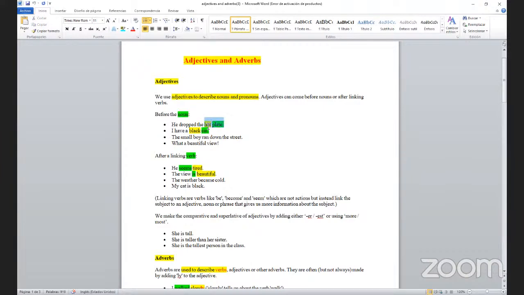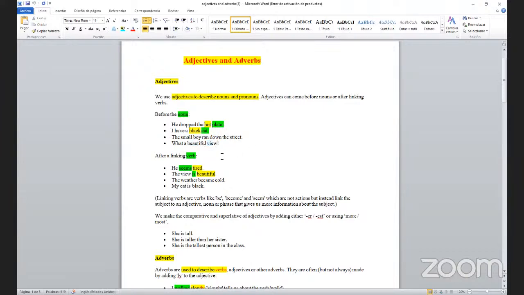This is my structure for qualifying a noun. I have a black cat. The small boy ran down the street. Small, the adjective, boy, the noun. Beautiful view. Beautiful, the adjective, view, the noun.